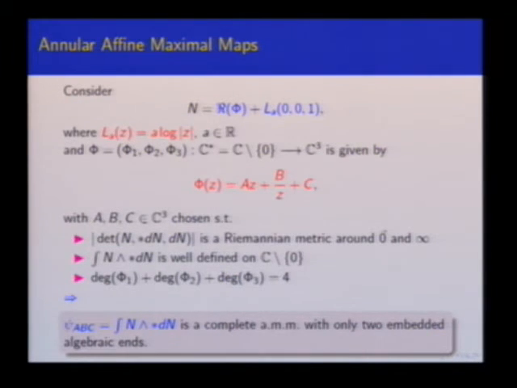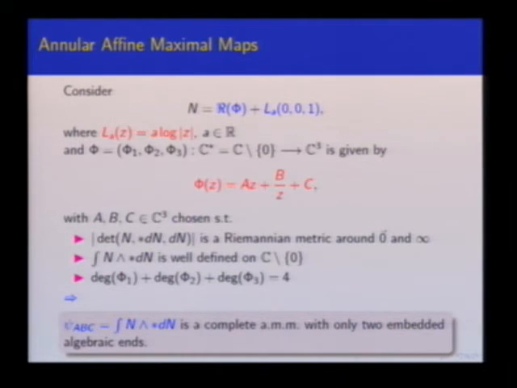In fact, we have a well-defined Riemannian metric, an affine metric at the end, in a neighborhood of the end. The immersion will be well-defined also, and this formula also holds about the degree of the coordinates of the holomorphic function phi.